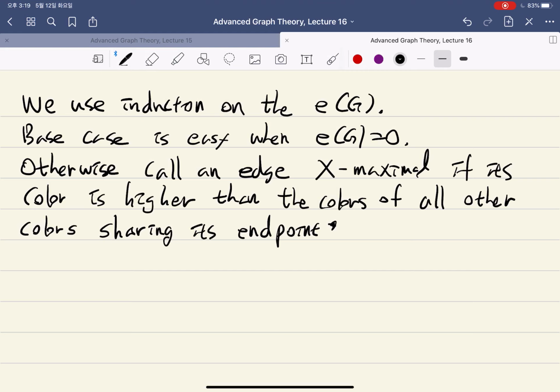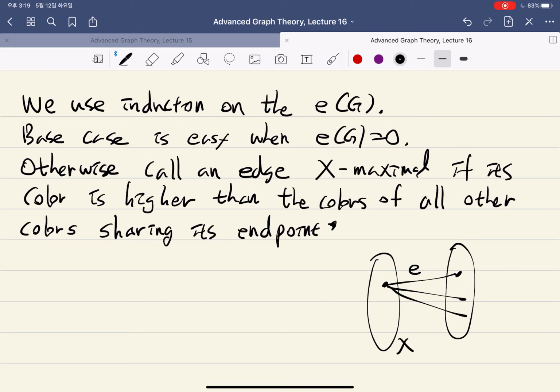Where was I? Okay, so we define X maximal to be this. Meaning that if you have an edge, say this edge, and it has an endpoint in X and an endpoint in Y, and it has value 3 and these are 2, 1, and let's say here we have 4.